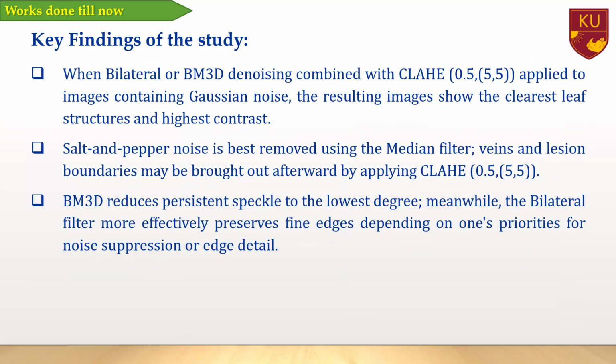Here 0.5 is the intensity and 5 by 5 is the tile size. We found that BM3D reduces the percentage of speckle to the lowest degree, and the bilateral filter more effectively preserves the fine edges, depending on one's priority for noise separation or edge detail.